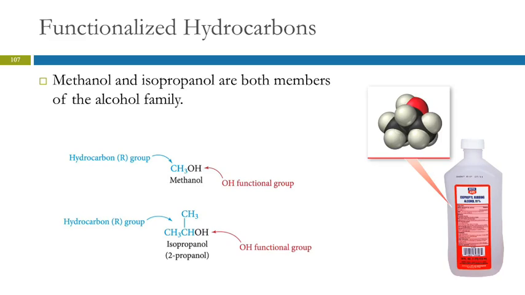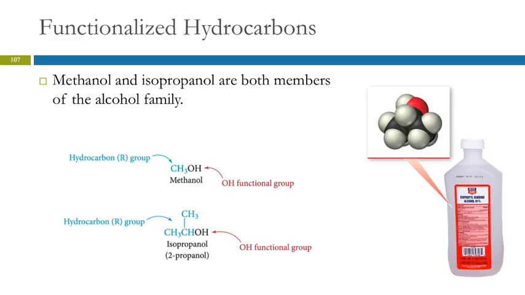So methanol and isopropanol are both members of the alcohol family. They're both alcohols. These are their formulas, and this one's kind of messy, it's branched. They both have this OH group. That's the functional group that makes it an alcohol.